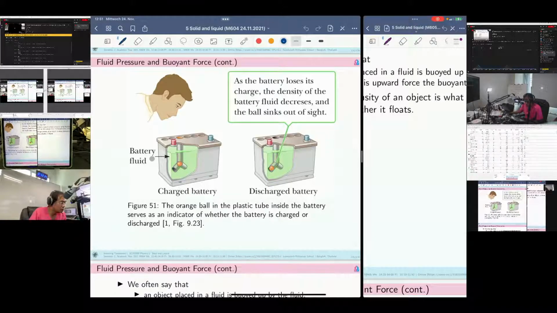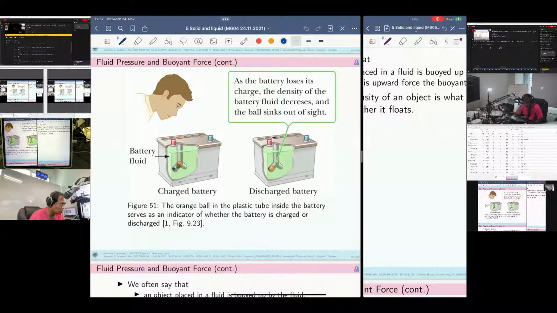Okay. Yes. A good battery should have an indicator, and that indicator is made like this. It is like a ball, and the ball would stay in this area, right?